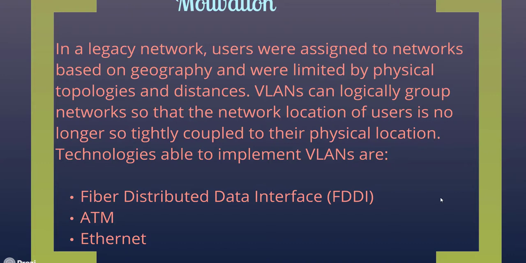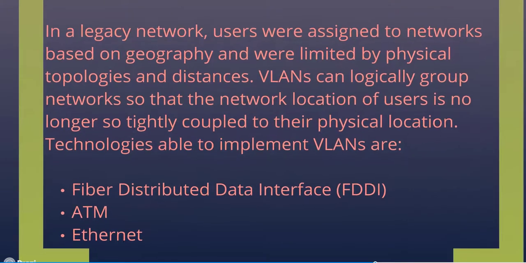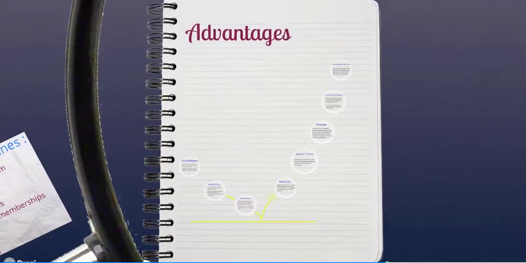Technologies able to implement VLANs are FDDI, or Fiber Distributed Data Interface, ATM, and Ethernet. So even if they don't belong in the same building or the same floor, they can be grouped with that particular VLAN. That's how flexible a VLAN could be, and there are a lot of perks and advantages if you set up your computers in the network and use the VLAN technology.